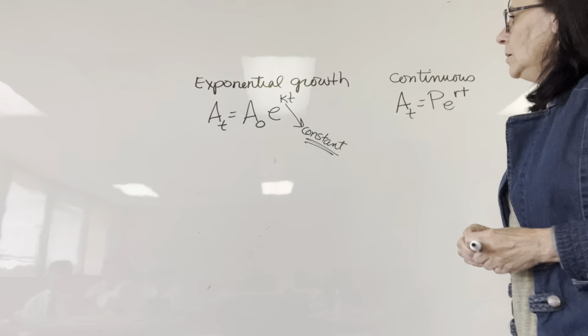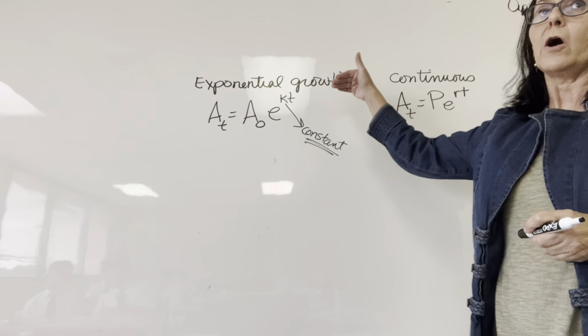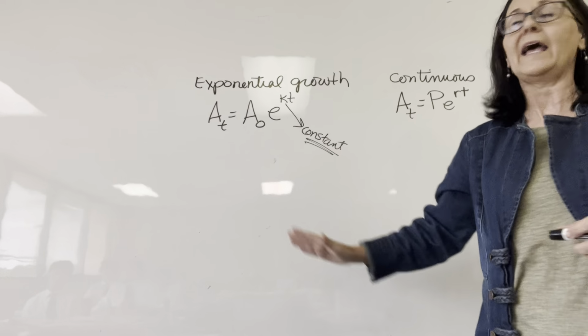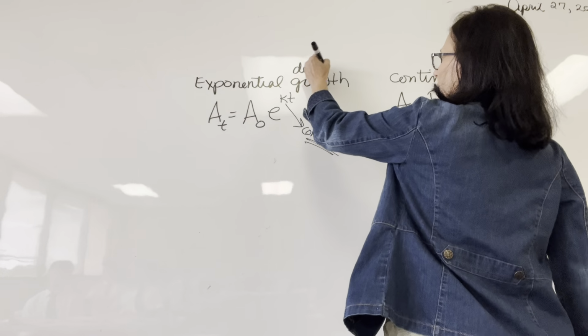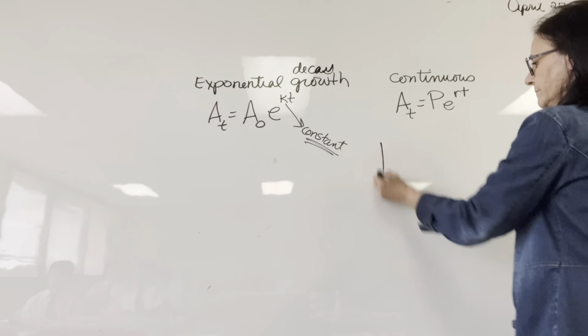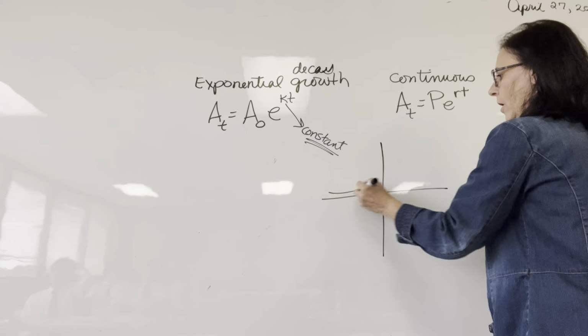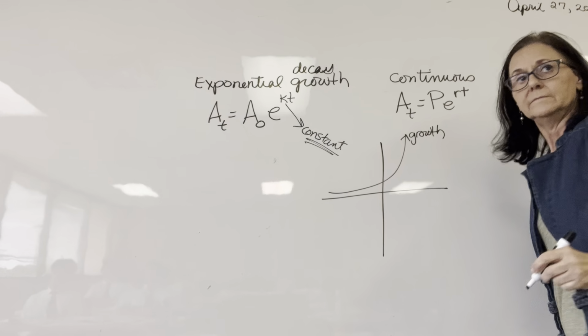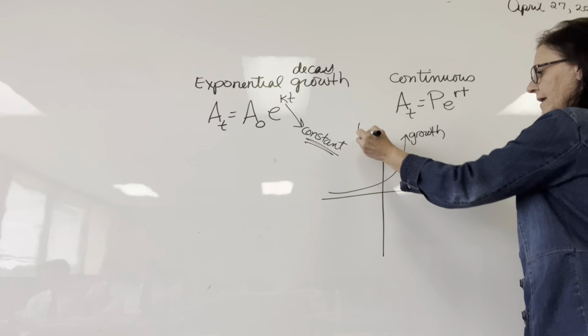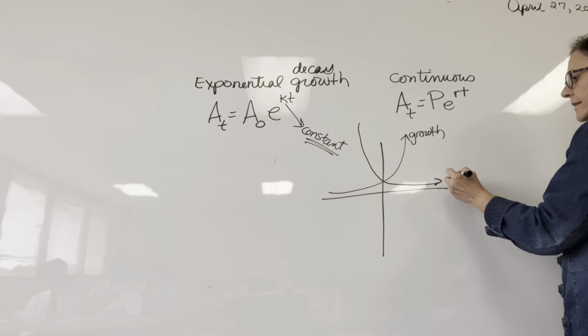So, we can either have exponential growth or we can have exponential decay. This one works for both. It can either be growth or decay. Growth would look like this. Decay would look like this.